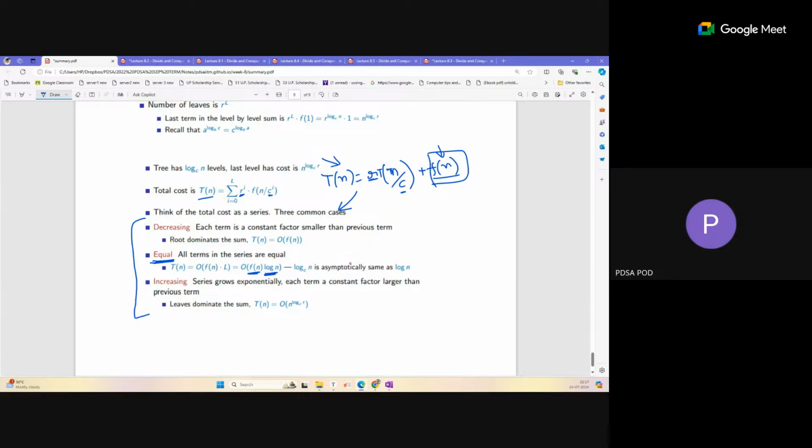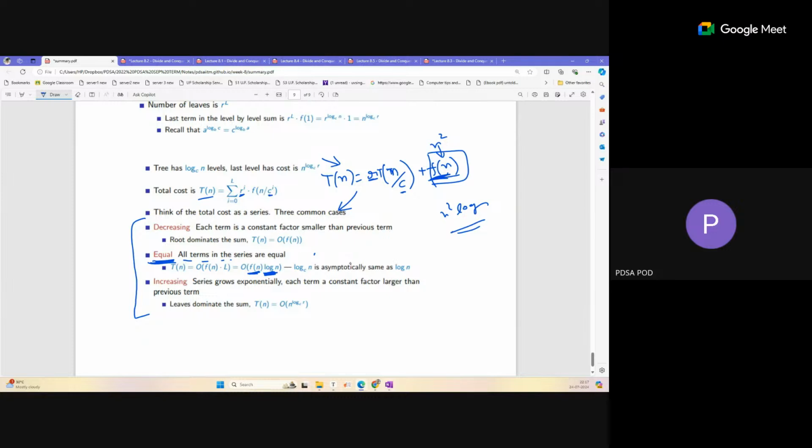If Fn is given as n square, then you can directly use n square log n. So just use Fn into log n if the number of operations is the same at each level, when all terms in the series are equal.